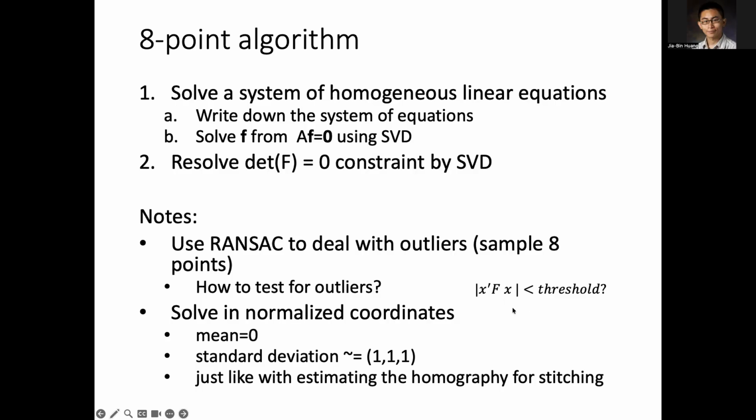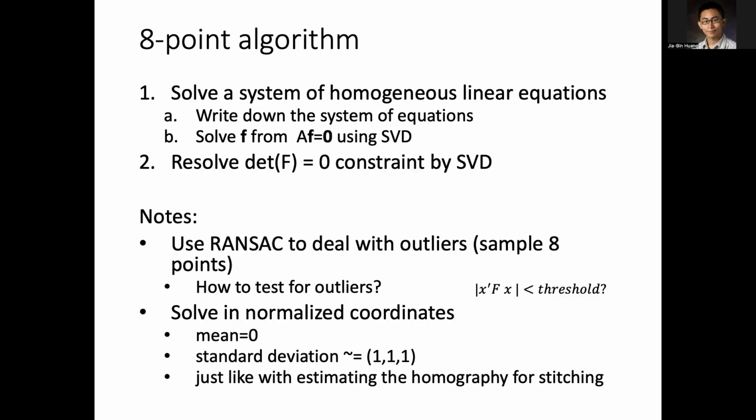All right, so once we have that, you can accept a point as an inlier to the epipolar geometry for the fundamental matrix if it is close enough to the epipolar line, which means that fundamental matrix can explain your correspondence.